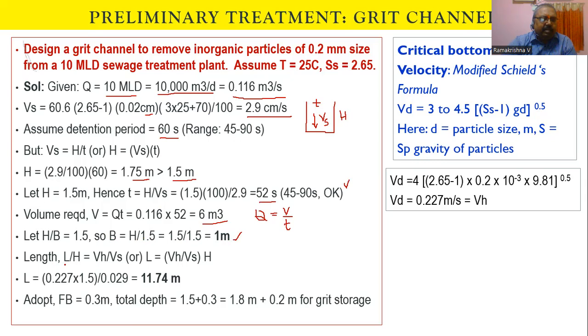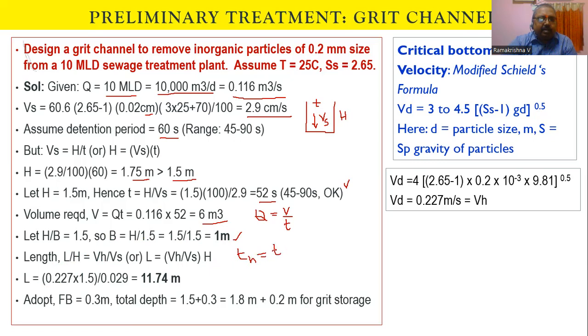So length L by H is equal to VH by Vs. So that is based on sedimentation analysis. Here, TH, time of horizontal travel, is equal to time of vertical travel. This is based on the formula.